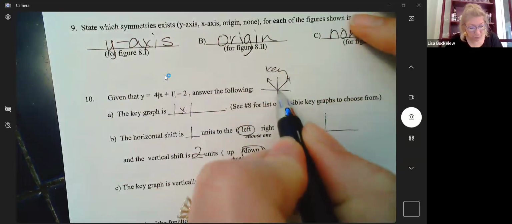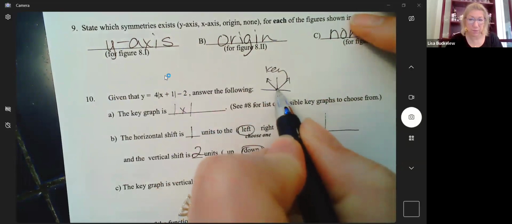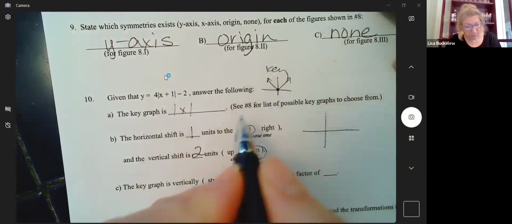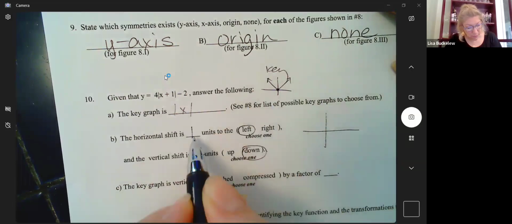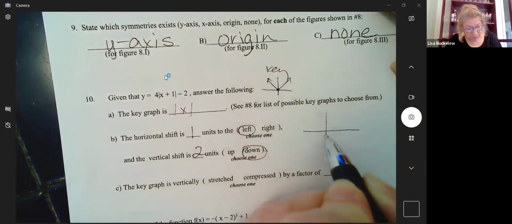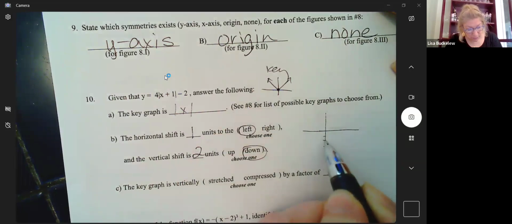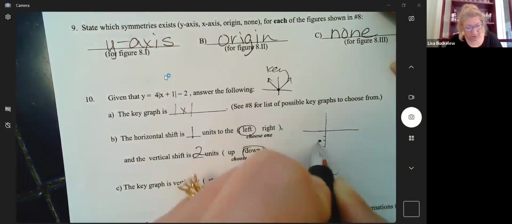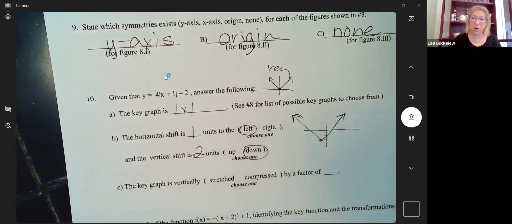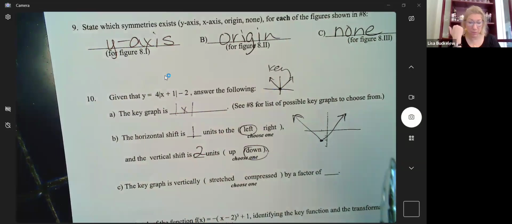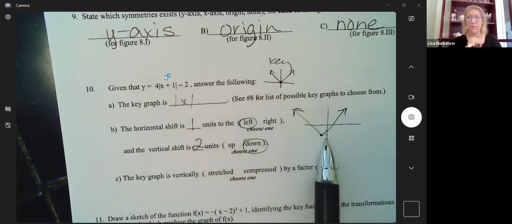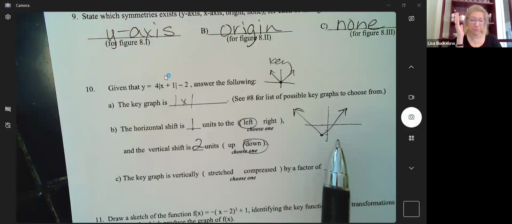I'm just going to focus on the middle point, and if I shift it, I can draw the rest of it in automatically. So 1 unit to the left, 2 units down. We'll put the new vertex here, and then I would just draw the absolute value graph. I'm not asking you to draw it on the test, but I do want you to have a mental picture of what this should look like without having to run to Desmos or something and graph it.